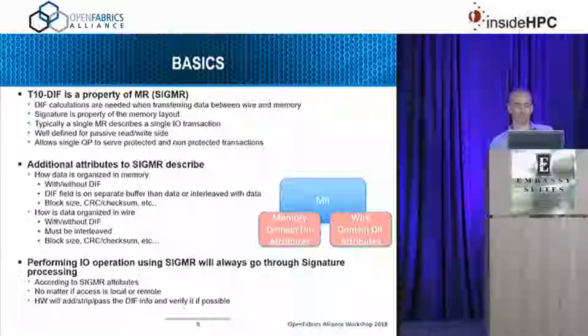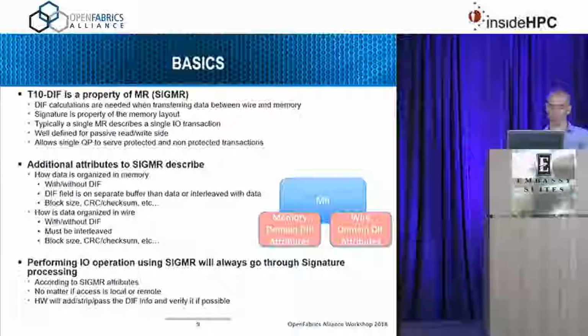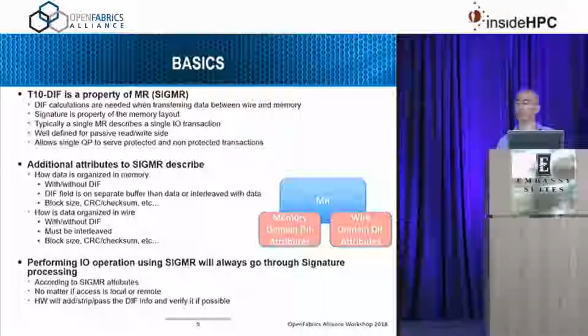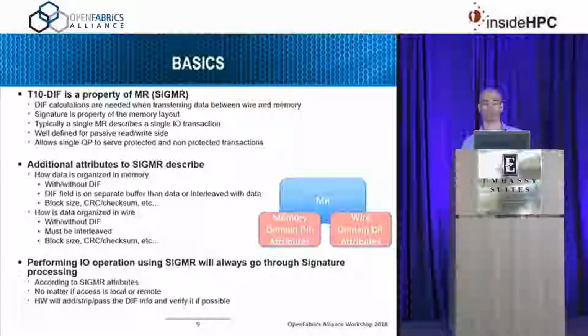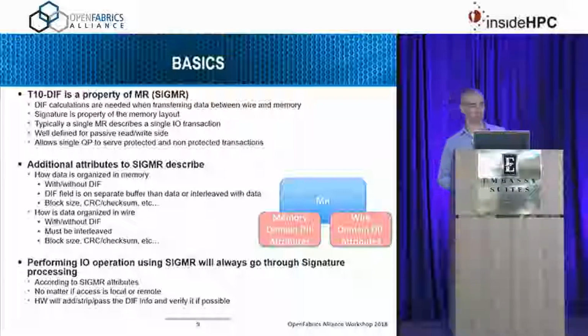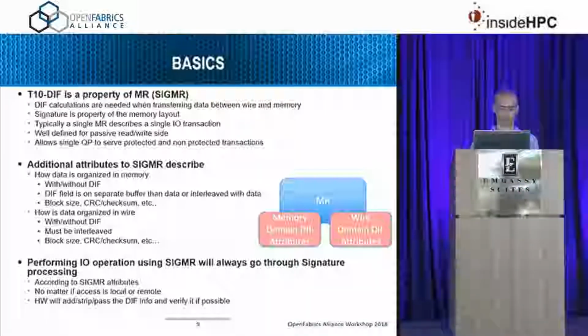So the basics of the addition to verbs is having the signature as a property of the memory region. So basically, diff calculation is being done if the memory region has a signature attribute. So we will add a signature attribute to that memory region with its attributes. We'll see in the next slide what is needed.